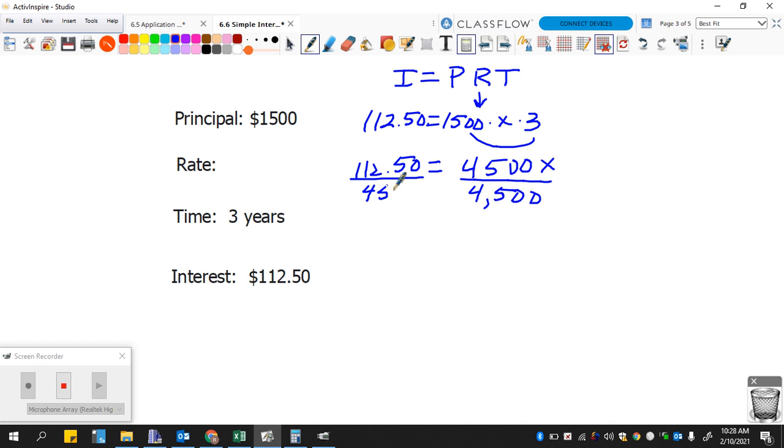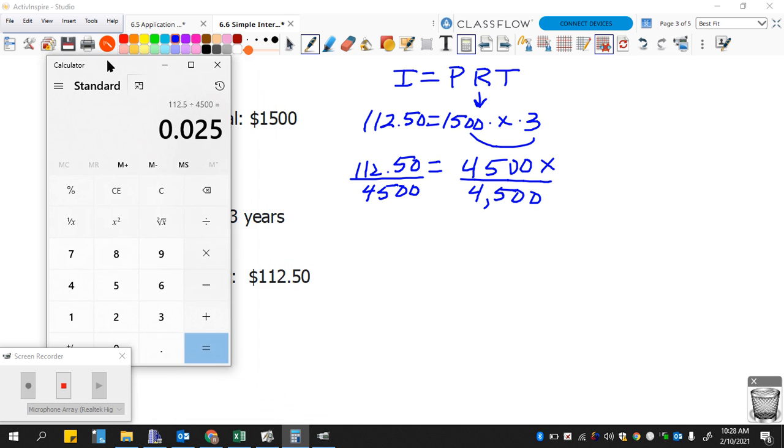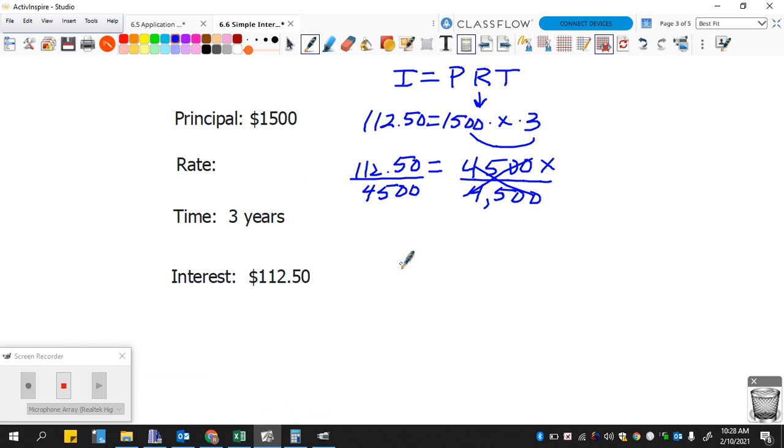Divide by 4,500. So when we do that, we have $112.50 divided by 4,500, which is 0.025. Obviously this cancels out. 0.025 is equal to X. Now, rate, remember, is in percent.